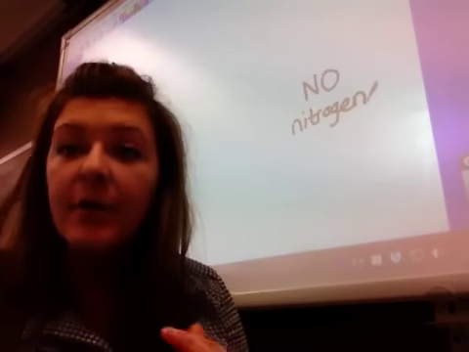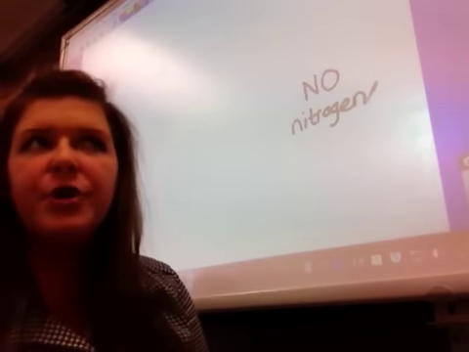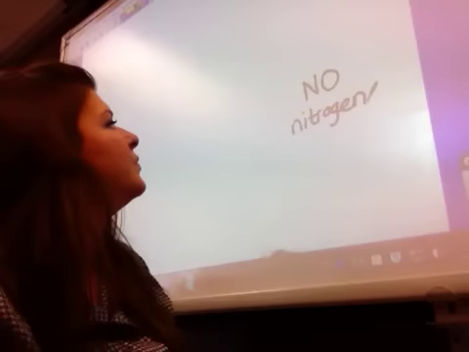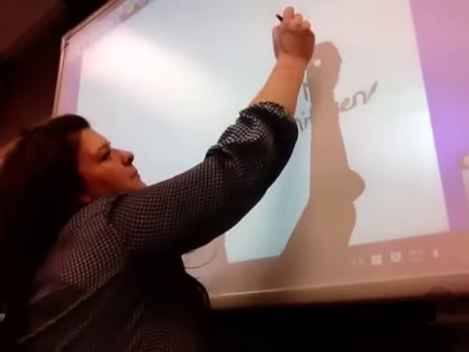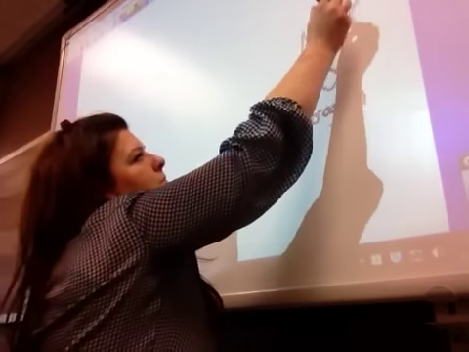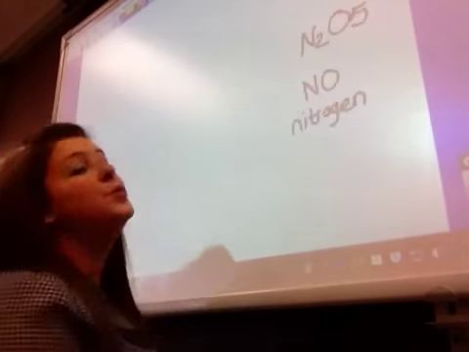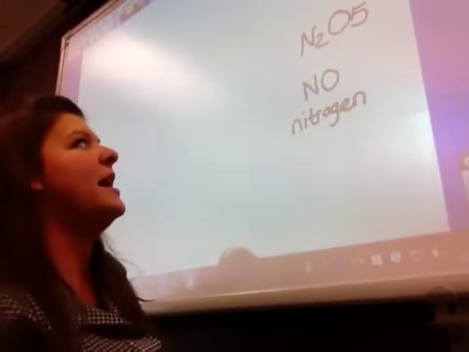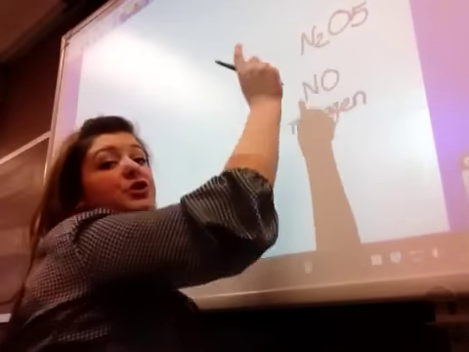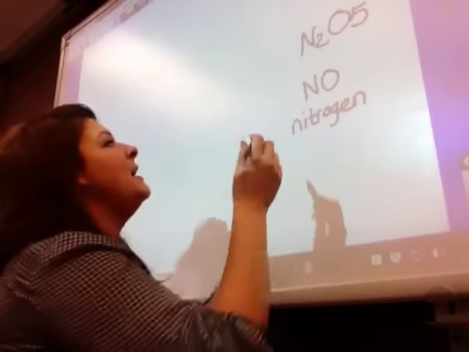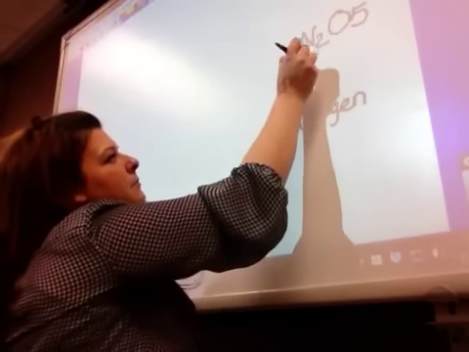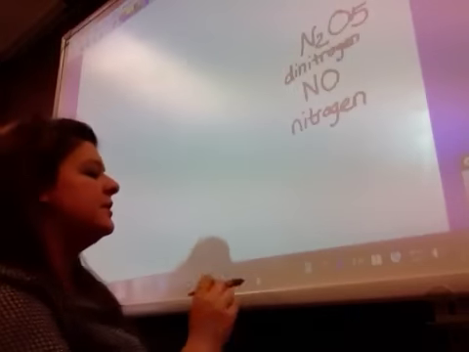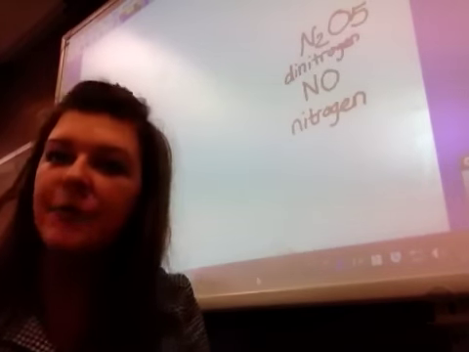But if there's more than one of the first element that you have, then we have to add a prefix to it. So let's say we really had N2O5 as our compound. Well, I have 2 nitrogen atoms here, and the prefix for 2 is di, so I'm going to call it dinitrogen. Okay, so there's the difference in when we're naming that first atom.